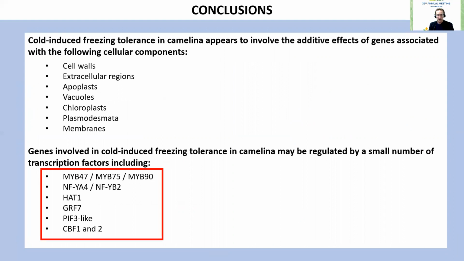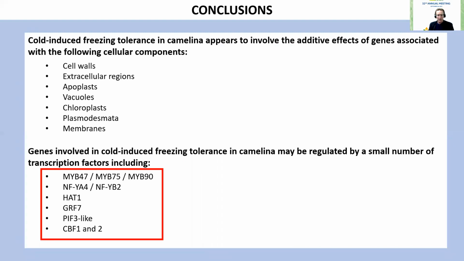However, our results also suggest a small number of upstream transcription factors, including MYB47, MYB75, and MYB90, NFYA4 and NFYB2, HAT1, GRF7, PIF3-like, and CBF1 and 2 likely regulate transcripts involved in abiotic and biotic defense responses, anthocyanins, cell expansion, photosynthesis, transport of molecules, and phytohormone signaling.